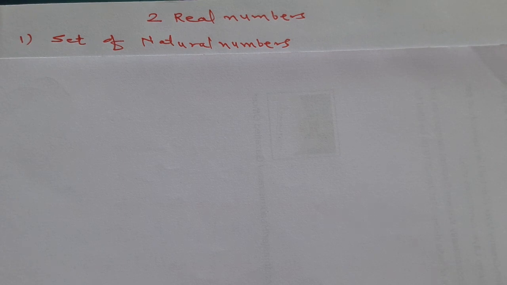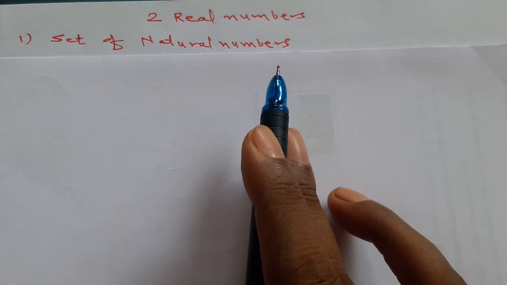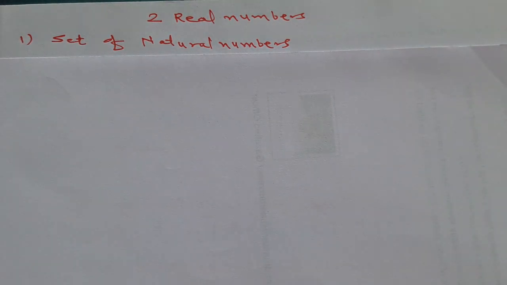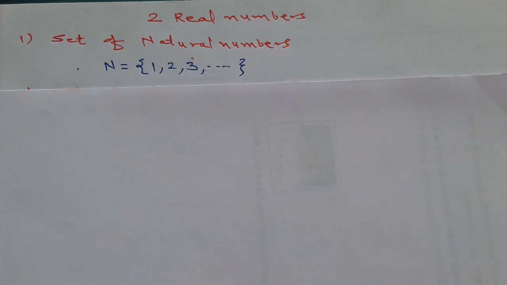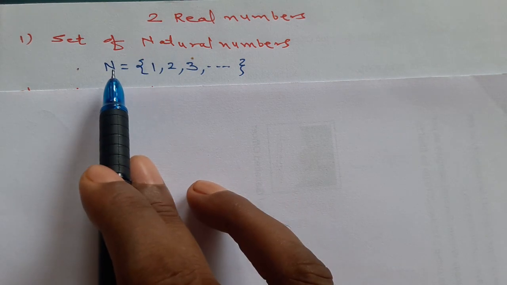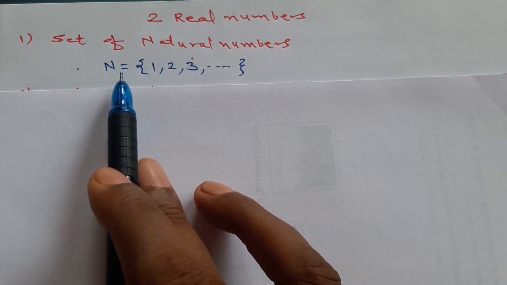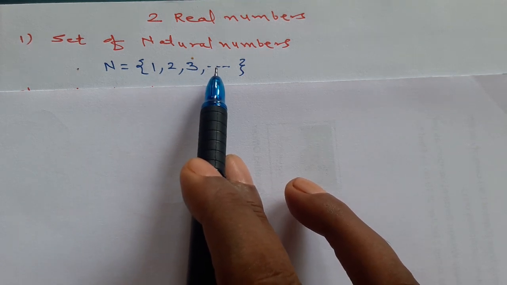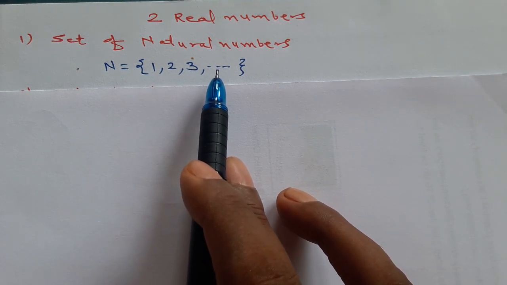Today we will see real numbers, the set of real numbers. Firstly, we take the set of natural numbers, which will be denoted by capital N. Natural number set N will be equal to 1, 2, 3, 4 and so on.